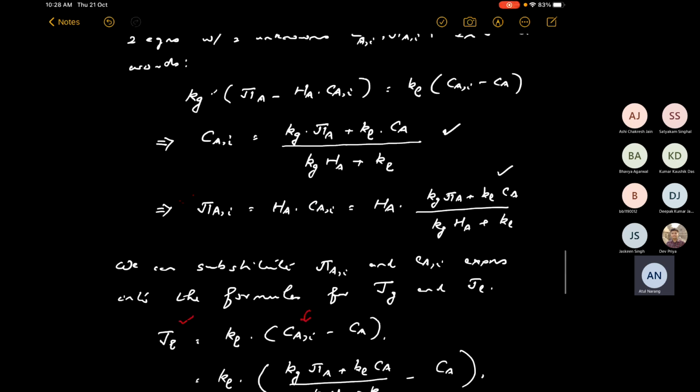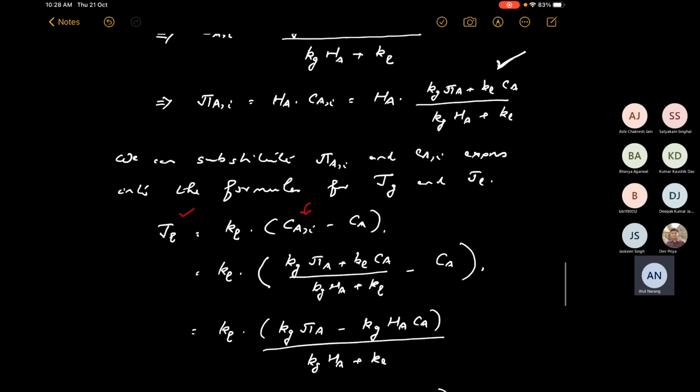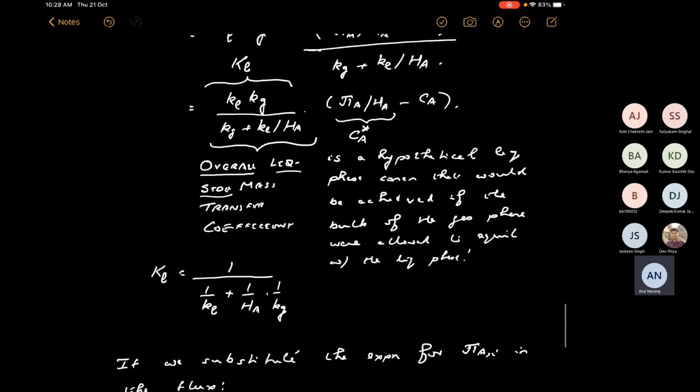What we just did earlier was take the expression for CAi and plug it into the expression for JL. Now I'm taking the expression for pAi and plugging it into the expression for JG. And I'll let you do this on your own.